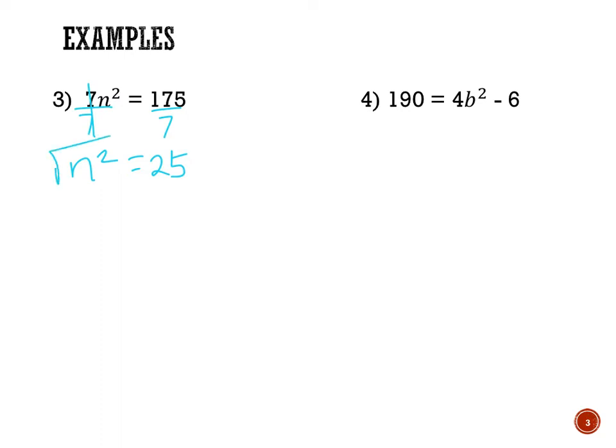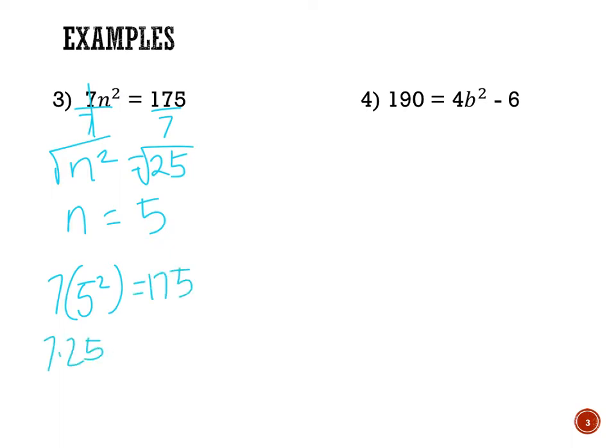Take the square root of both sides because the opposite of squaring the number is taking the square root. Square root of n squared equals n. Square root of 25 equals 5. So check it. 7 times 5 squared equals 175. 7 times 25, because 5 squared equals 25. 7 times 25 equals 175.